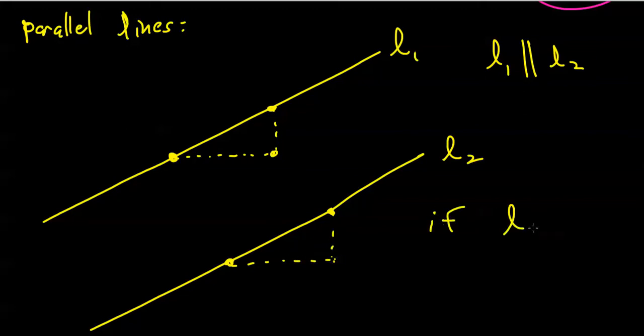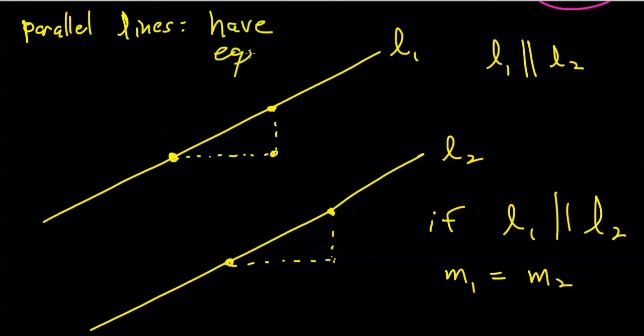So if line 1 is parallel to line 2, then the slope of line 1 must equal the slope of line 2. In other words, parallel lines have equal slopes, but I'm betting that you already knew that, right? Parallel lines have equal slopes.